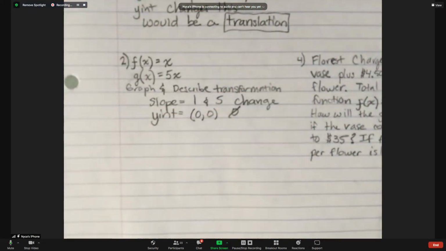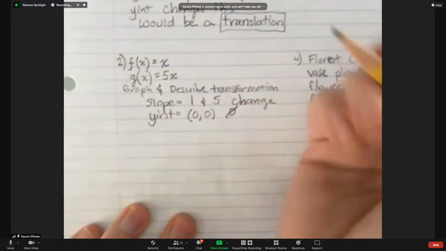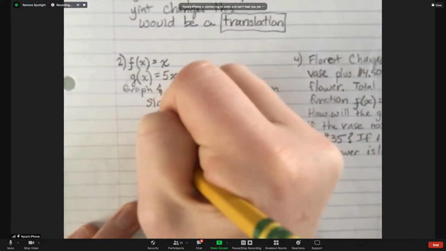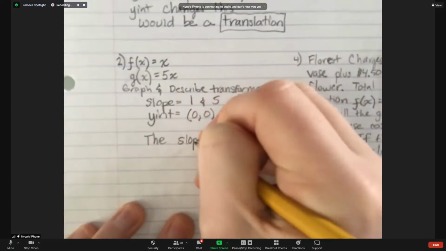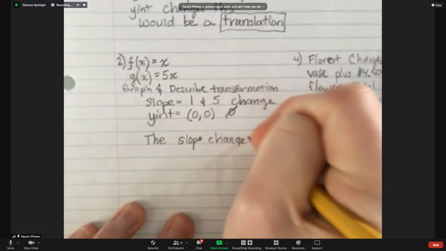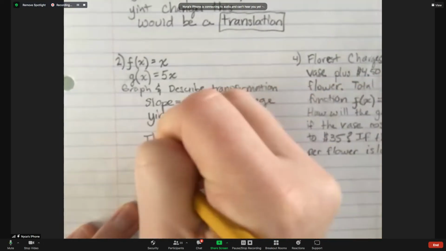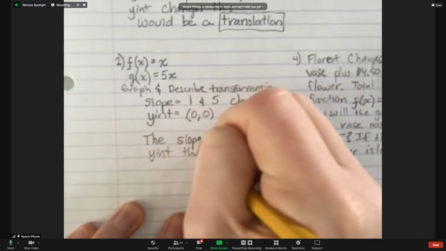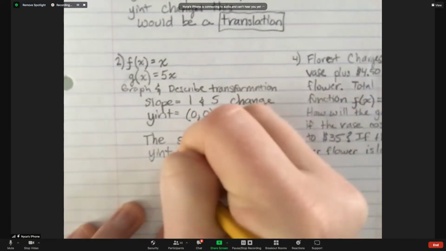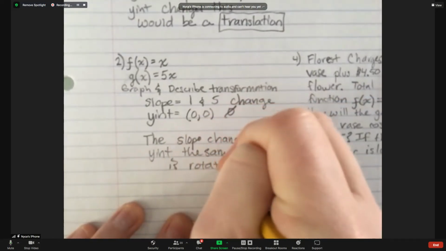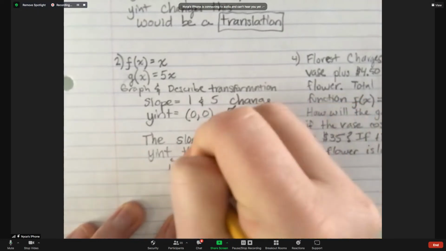So when I'm looking at that, it's kind of like a clock. So the slope changes, but y-int the same. So this is rotation. Bam.